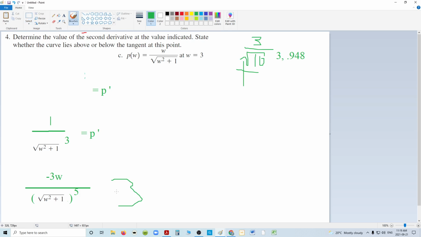So for 3, we can see the top becomes minus 9, and the bottom becomes 3 squared plus 1, square root of 10, to the power of 5. Square root of 10, which is 3.3 something, to the power of 5. So you're going to get something like 3 times 3 times 3 times 3, 81 times 3, you're going to get like 260.